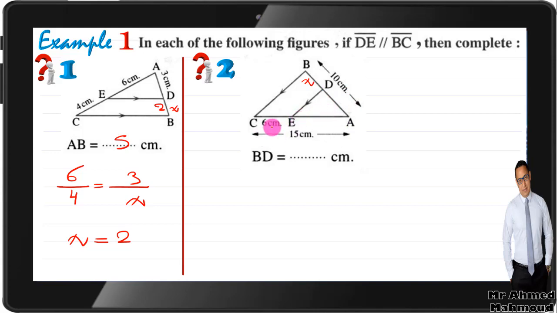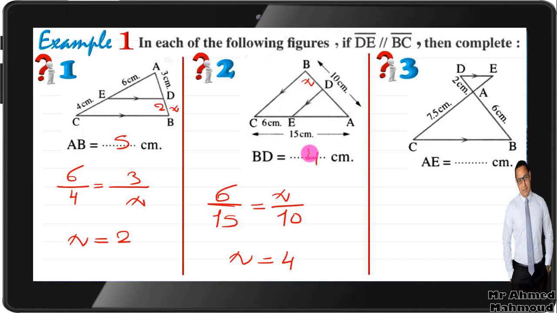It's better to use 6 over 15 equals X over 10. So X equals 6 times 10 over 15, X equals 4. So BD equals 4.